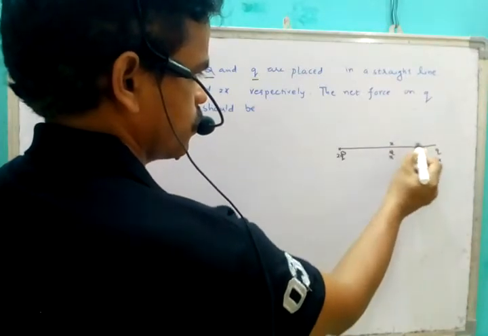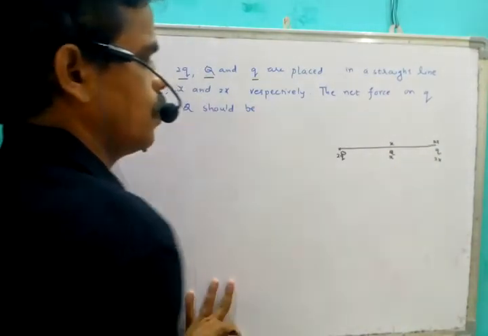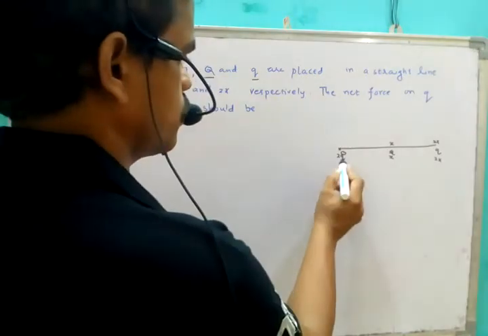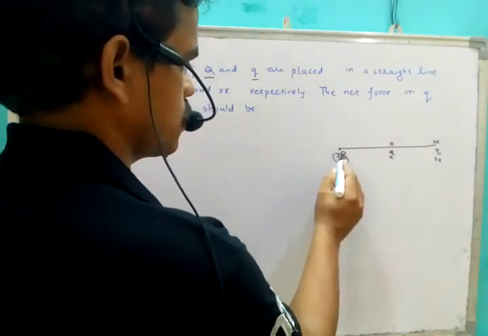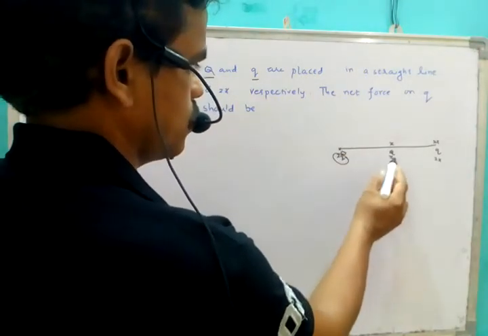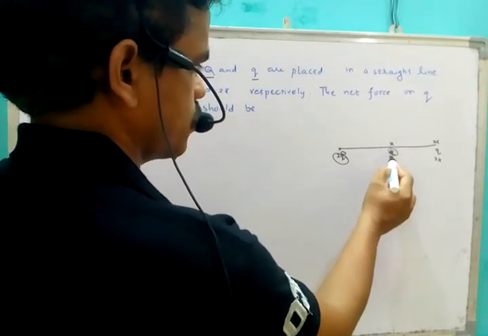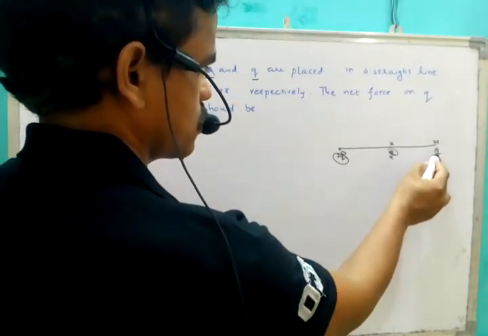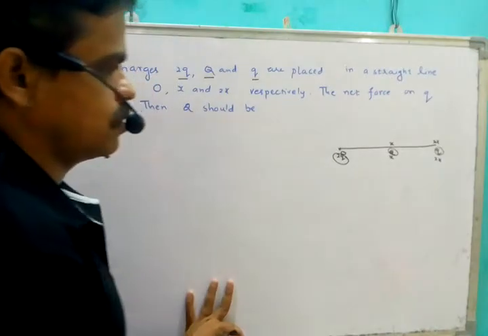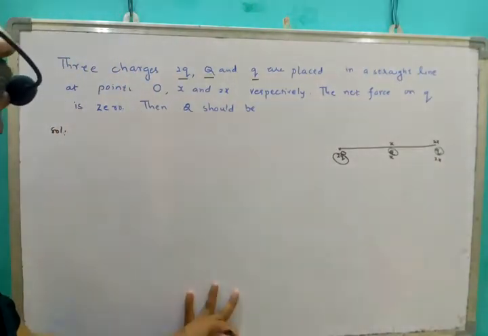So this is the situation here. The charge 2q is at point O, the charge capital Q is at x, the charge small q is at 2x. So these three charges are in a straight line.